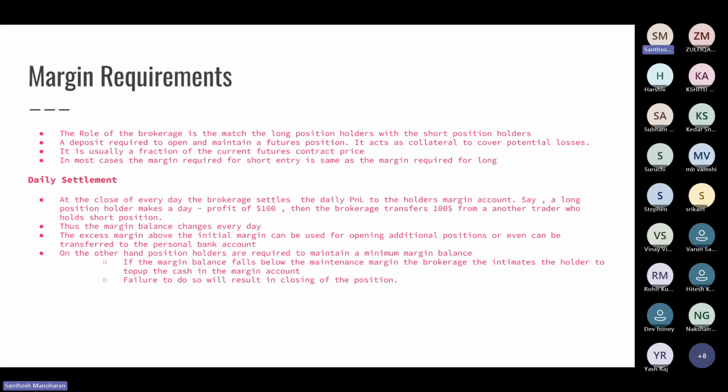The role that the brokerage and the exchange play is this: when a trader enters a long position at a particular price, it matches him with an opposite position holder in the market for the same quantity.